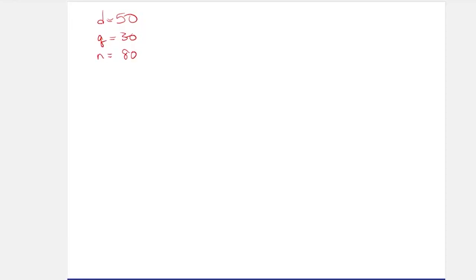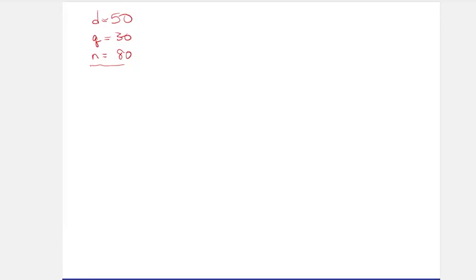We have 80 nickels, so we multiply that by 0.05, because 5 cents. 80 times 0.05, I need my calculator, I don't want to get it wrong, equals 4.